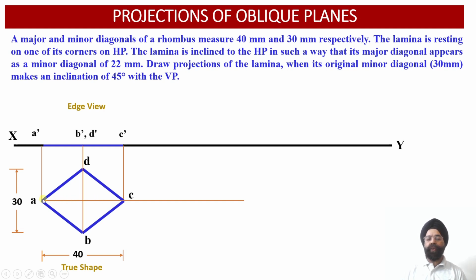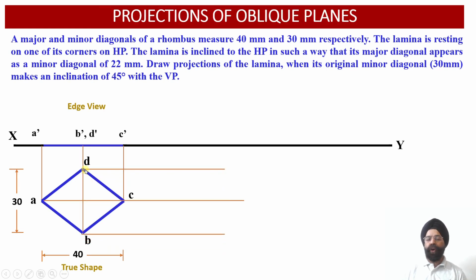So now we have to draw a new rhombus in which this longer diagonal is being represented as 22 millimeter instead of 40 millimeter, which was the true length. So the apparent length of this particular major diagonal is now 22 millimeter, so that this distance will be 11 millimeter and this distance will also be 11 millimeter in the top view.